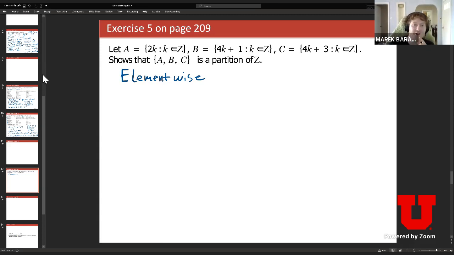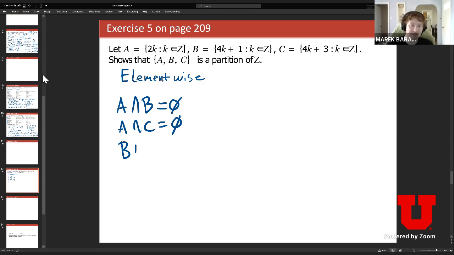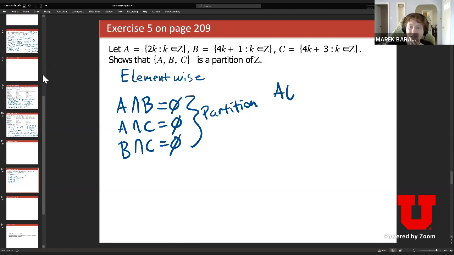What you're going to need to show is that A intersect B is empty, A intersect C is empty, and B intersect C is empty. This is because this is a partition. And we're also going to need to show that A union B union C is equal to this.